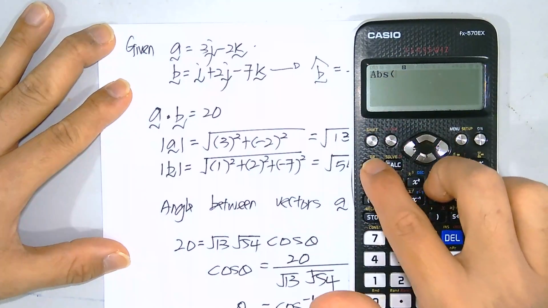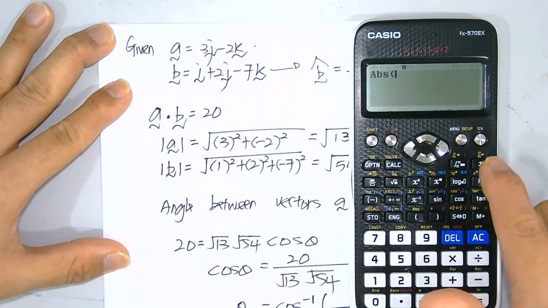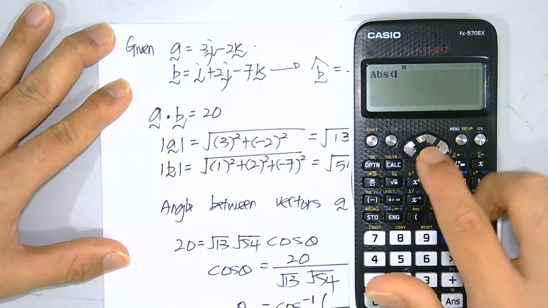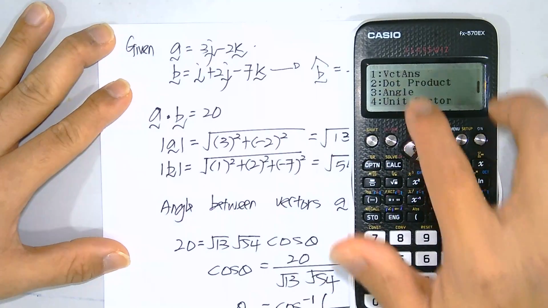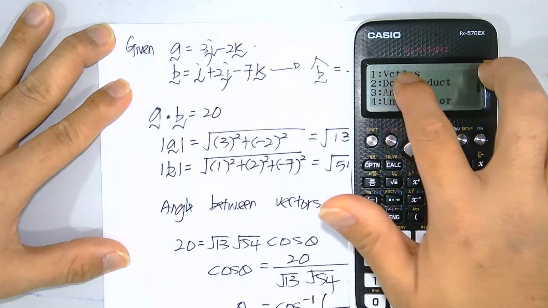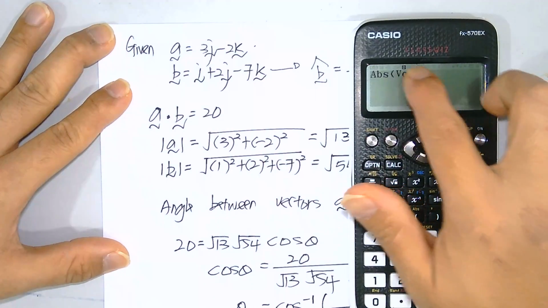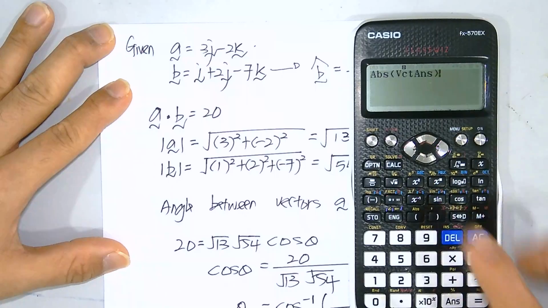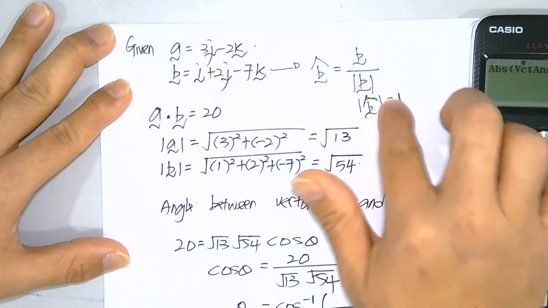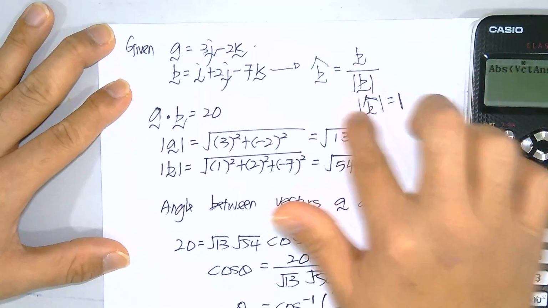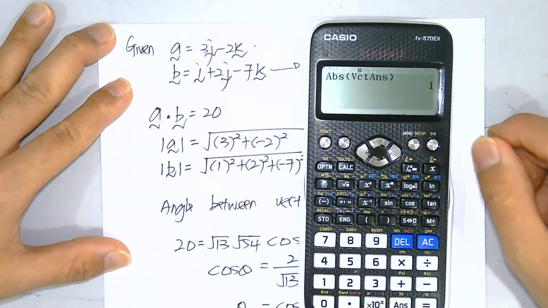I want to find the magnitude of this vector, which is now the unit vector, the answer just now. So you go for option and press vector answer, meaning the answer before you did this. You press equal. You get 1. The magnitude of the unit vector is 1. This is the way we check.